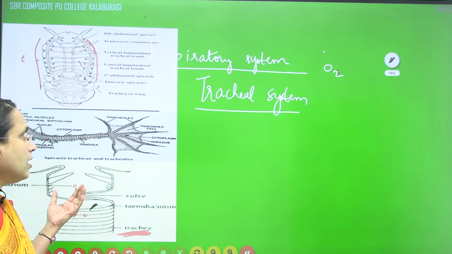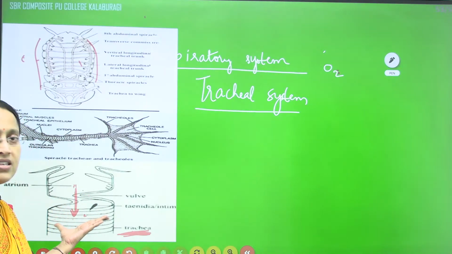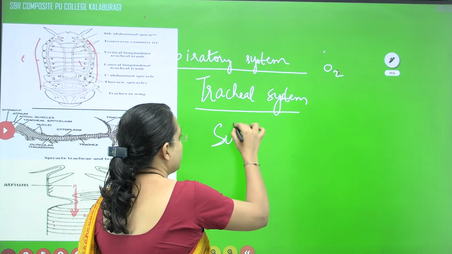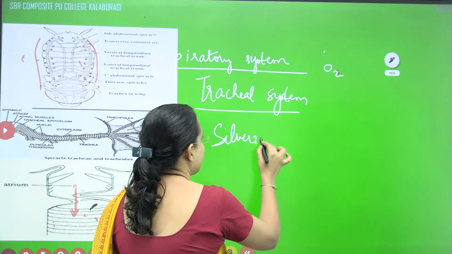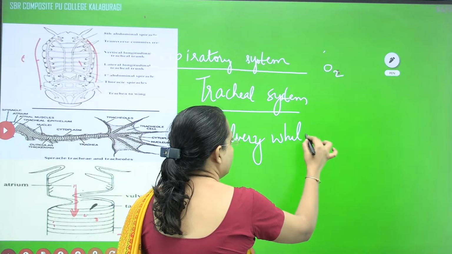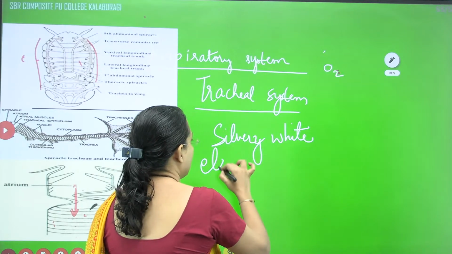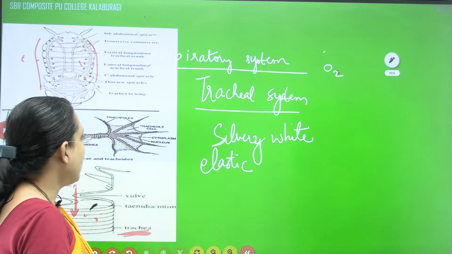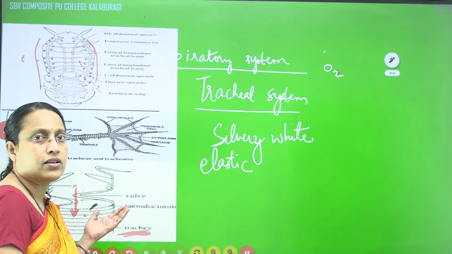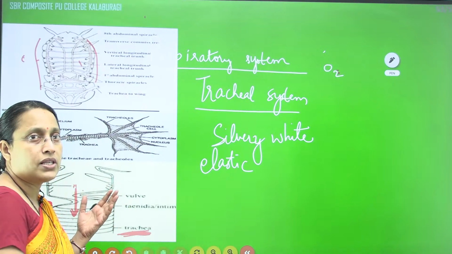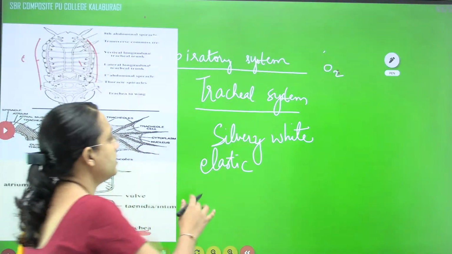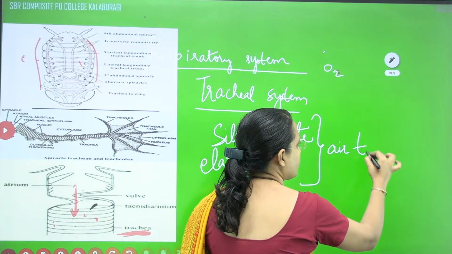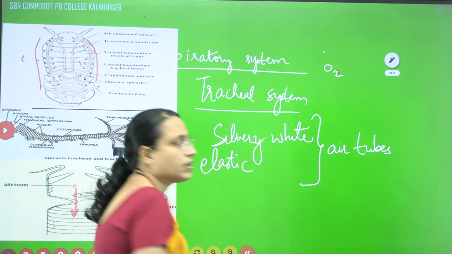They are silvery white in color, elastic, and there are 3 pairs of elongated air-filled tubes, also called air tubes.